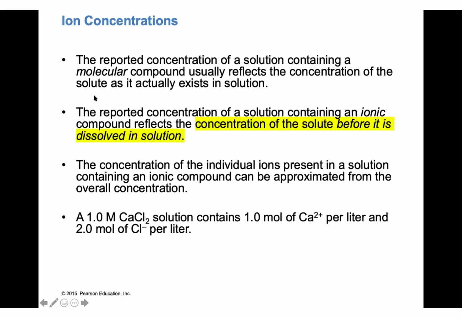So what you're going to do is this: the reported concentration of a solution containing an ionic compound, which here I have, right, a metal and non-metal, so it's an ionic compound, reflects the concentration of the solute before it is dissolved.